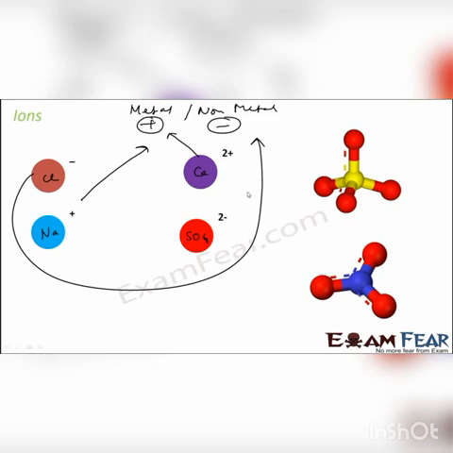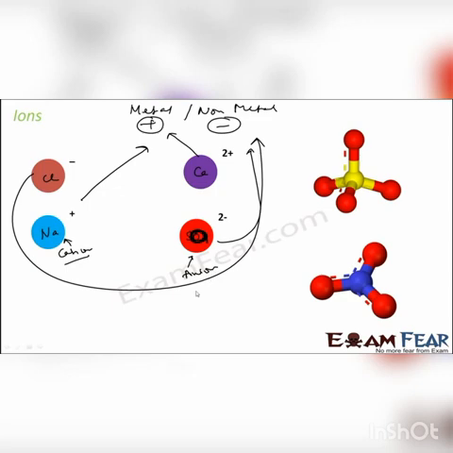Or let's take oxygen. Oxygen also has negative 2 charge. Okay, so the one with the positive charge is called cation. The one with the negative charge is called anion.